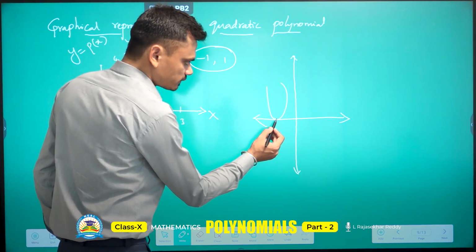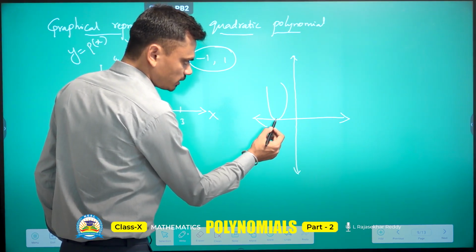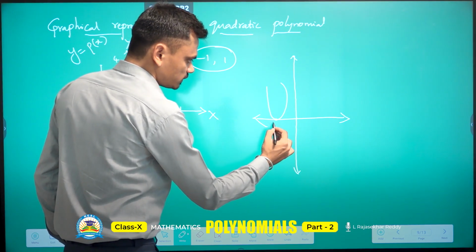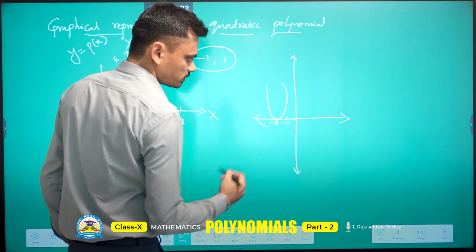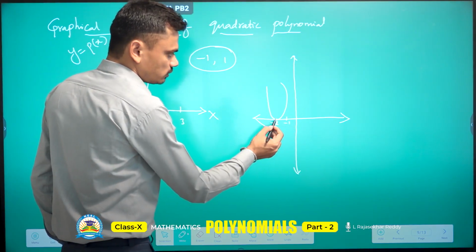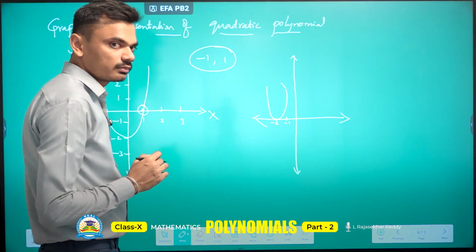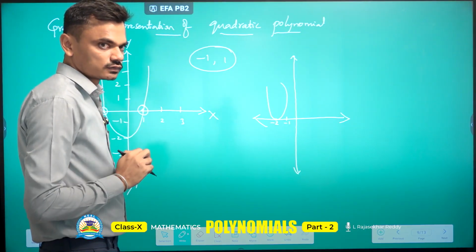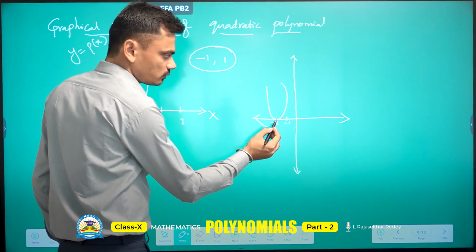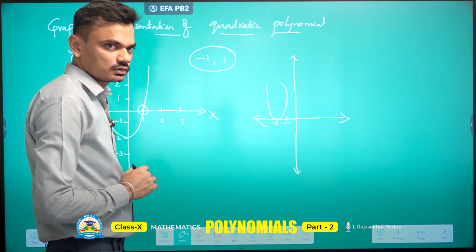See, it is intersecting the x-axis at only 1 point, right? For example, this point is minus 2, here minus 1. So quadratic polynomial has 2 zeros, but here we got only 1 zero, that is minus 2.